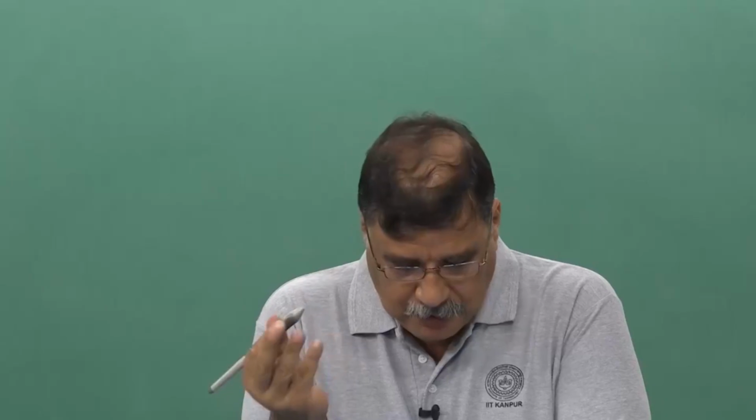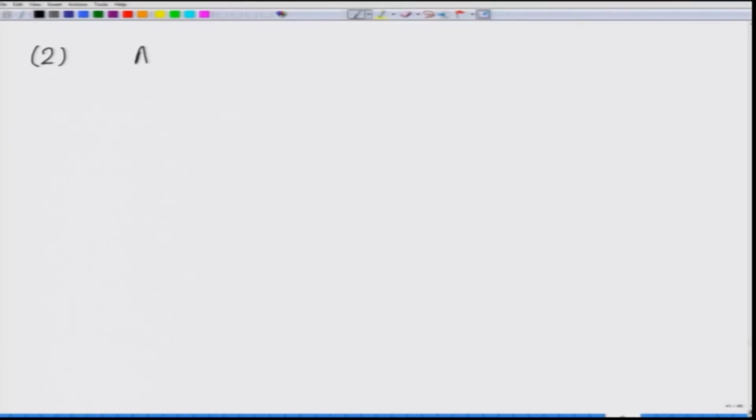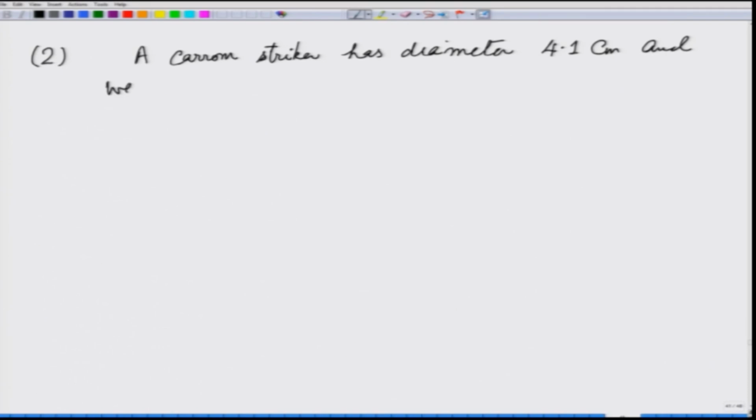The next problem I am going to solve is again a two-dimensional problem, and it is based on the familiar game that you all play, carom. So, I am going to say a carom striker has diameter 4.1 centimeters and weighs 15 grams.